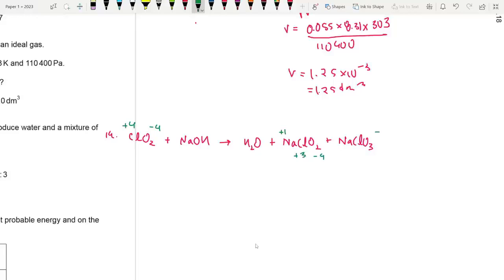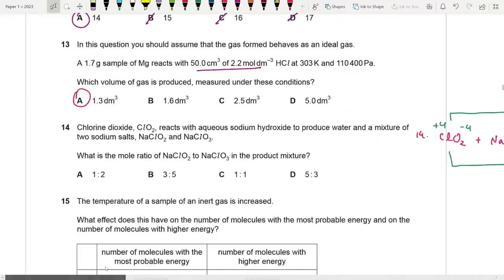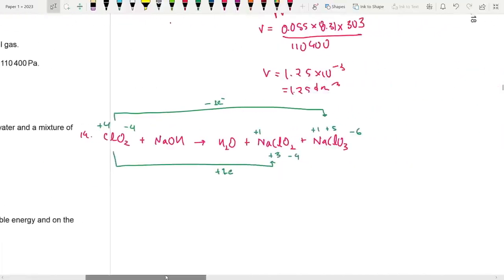And on the right, oxygen is -6, sodium is +1, so chlorine has to be +5. So this is also a disproportionation reaction, where one chlorine went from +4 to +5, while another chlorine went from +4 to +3. So it lost one electron, and here it gained one electron. So the ratio should be the same, 1:1, according to this logic. That is the answer.